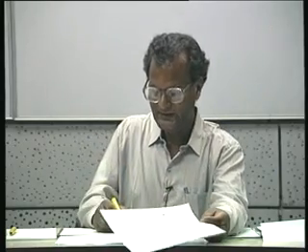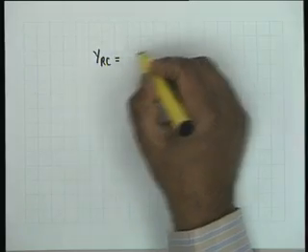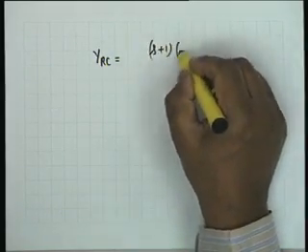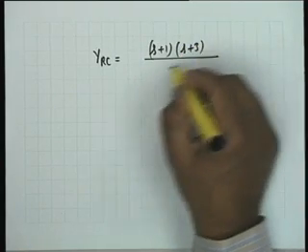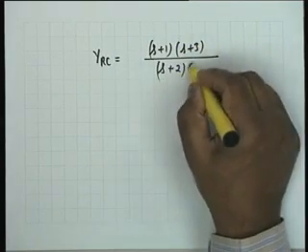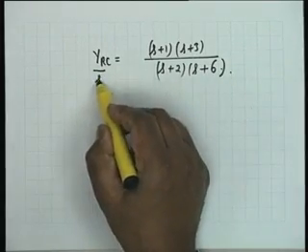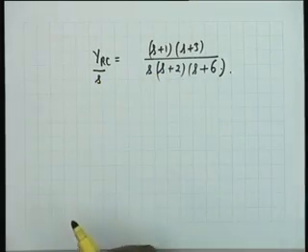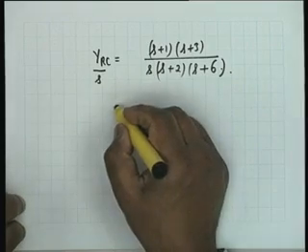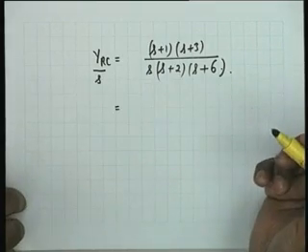Let us look at Foster 2. The function is Y_RC equal to (S plus 1)(S plus 3) over (S plus 2)(S plus 6), and in Foster 2 we have to divide by S, so we divide by S and expand this into partial fractions.